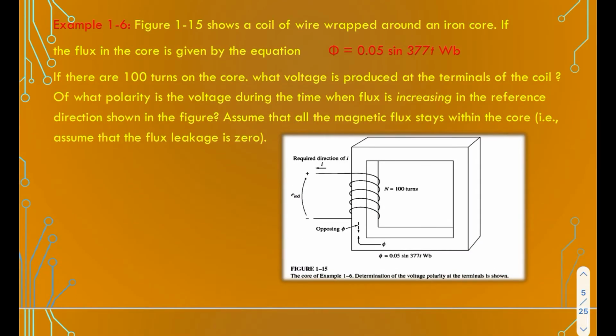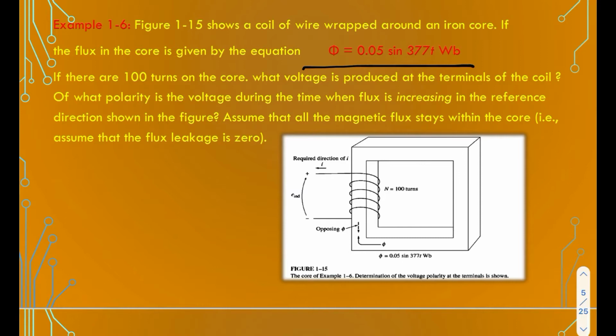Let us solve an example. Example 1.6. Figure 1.15 shows a coil of wire wrapped around an iron core. If the flux in the core is given by the equation, flux equals 0.05 sine 377t Weber, and there are 100 turns on the core, what voltage is produced at the terminals of the coil?